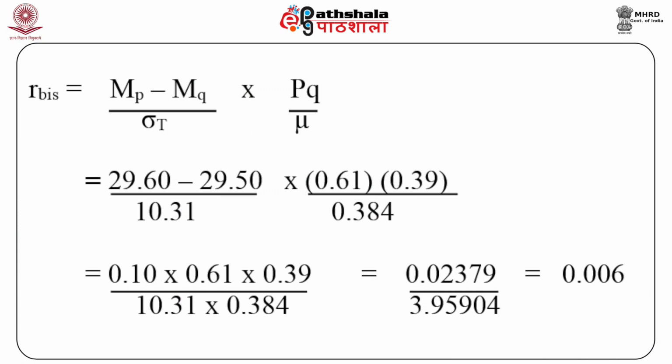Now, putting these values in the formula for calculating the biserial correlation coefficient, r bis is equal to MP minus MQ divided by sigma t, multiplied by PQ divided by mu.